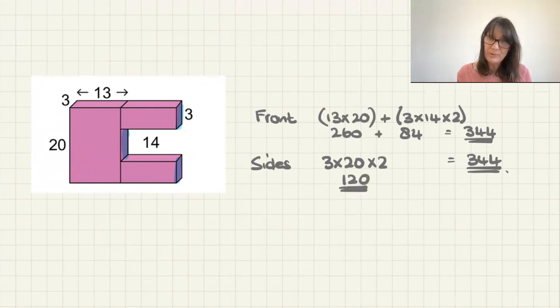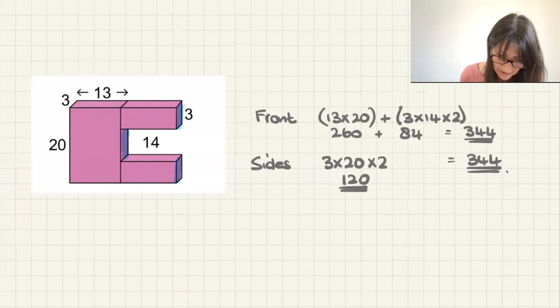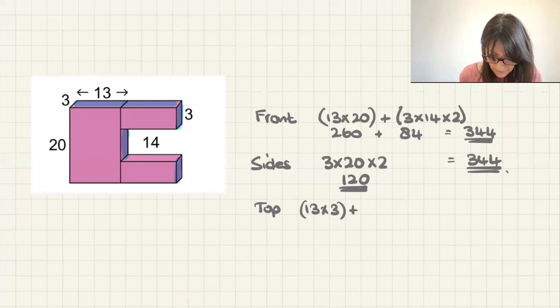And now I've got the top and the bottom. Okay, the top is here. I'm going to use a bit of highlighter, I think. This here, which is 13 times 3. So here's the top, 13 times 3. But I also need this bit here, which is 14 times 3. Okay.